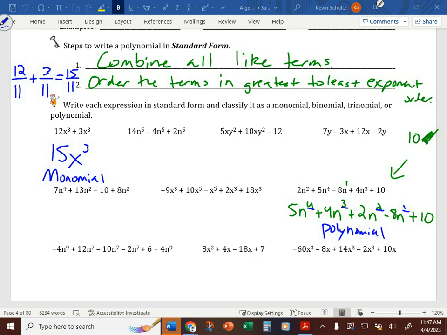Just like with fractions. If we had 12 11ths times 3 11ths, then you just multiply. Then you multiply the denominators too, though, right? Right. They change. With addition, they don't. Okay? With like terms here, when we add, we don't change the power, but if we had 12x cubed times 3x cubed, then you're right.